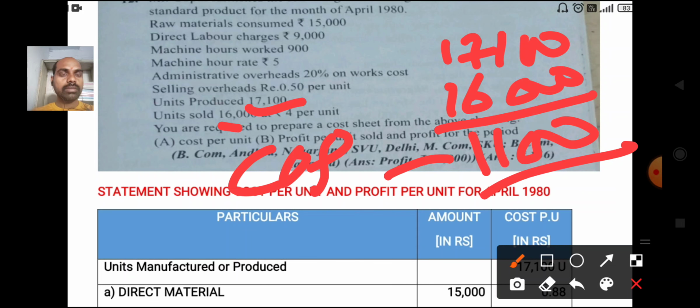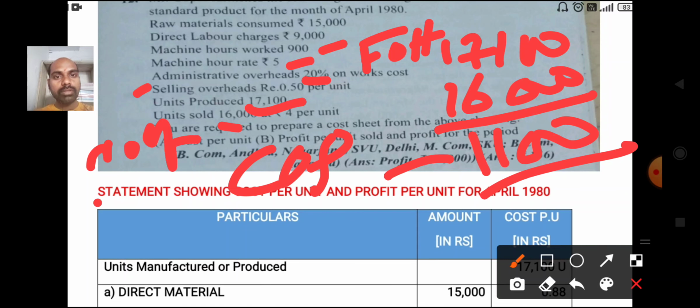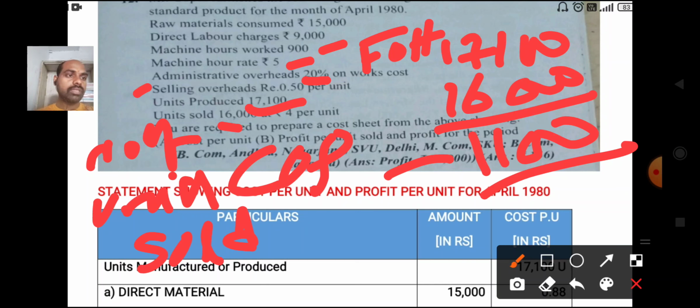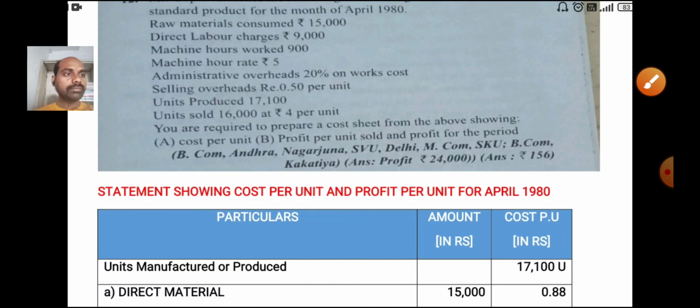And 900 into 5 rupees machine hours will be taken in factory overheads, 20% वर्क्स कॉस्ट के ऊपर एडमिनिस्ट्रेशन, वो सब आप कर लेते. And selling overheads only we should take on number of units sold, not on units produced. ये बात आप याद रखना प्रॉब्लम सॉल्व करते वक्त, बस इतना ही.